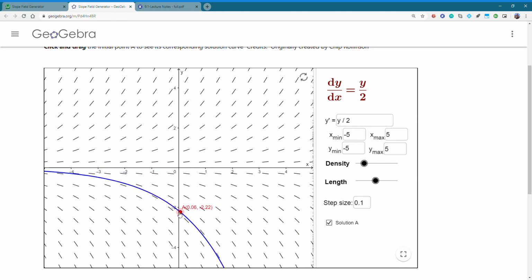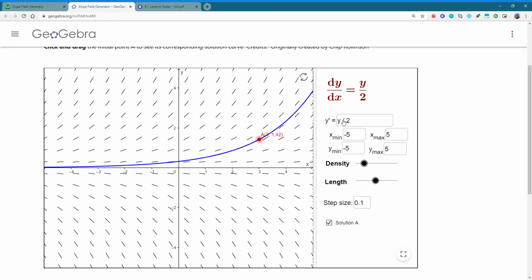And so in general, a differential equation will have infinitely many solutions. And sometimes we want to find a particular solution that goes through a particular point, like we really want it to go through the point 3, 1.42, like we have here. In that situation, we say that we're solving an initial value problem, trying to find a solution to a differential equation that goes through a particular point.